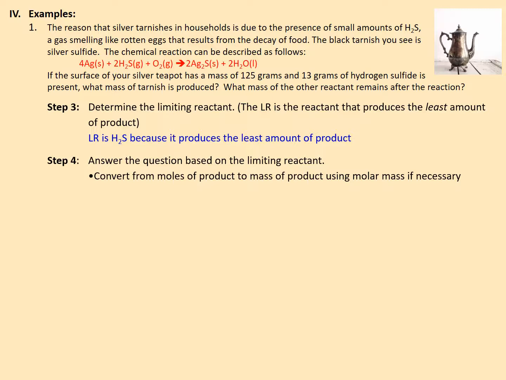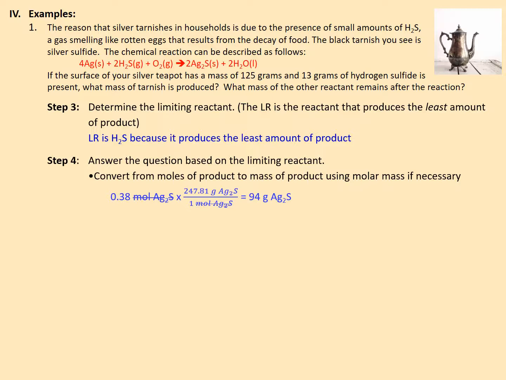We said that was 0.38 moles. We can then use the molar mass of silver sulfide to convert moles into grams. So the 0.38 moles of silver sulfide times the molar mass of silver sulfide, that is about 247.81 grams per mole, will give us a mass of 94 grams of silver sulfide produced. So we're halfway done there. We've answered one of the questions.